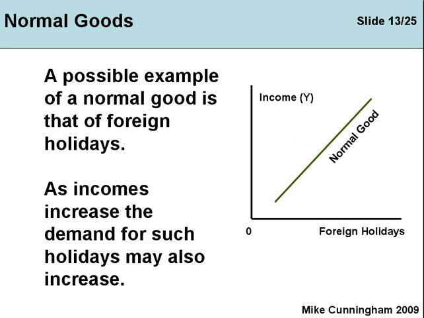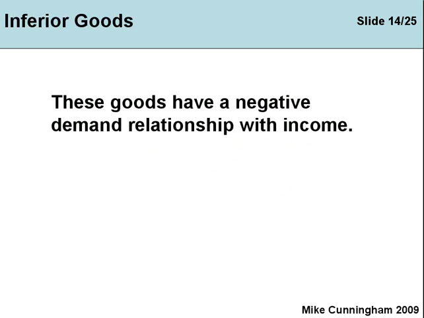It's a normal good. As income increases, the demand for foreign holidays increases. So we'd expect a normal demand curve to be that relationship. That's a particular type of curve called an Engel curve, which we'll come to later on.